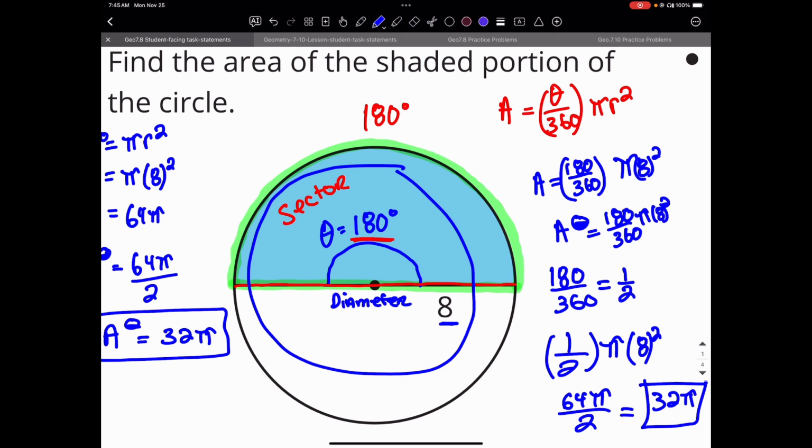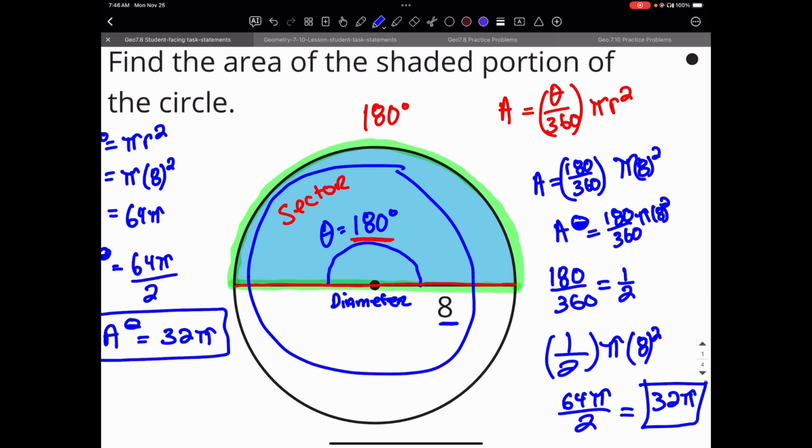So we do the same thing, and nothing changes. I just want to show you a different way of doing it. Because think about this. If we just so happen to look at this circle as being half shaded. But what if it wasn't half shaded? Then what would you do? What if it wasn't a nice round number, or a number that turned into a nice, easy to work with fraction?